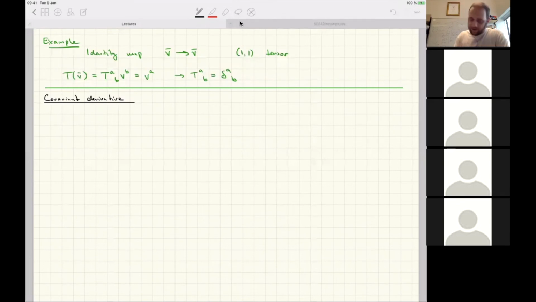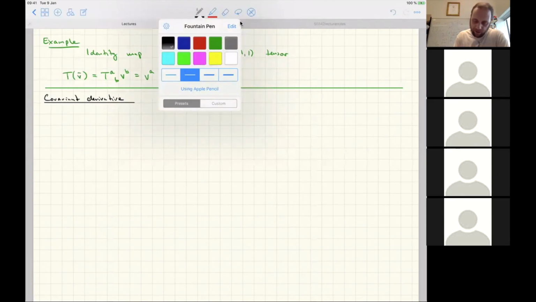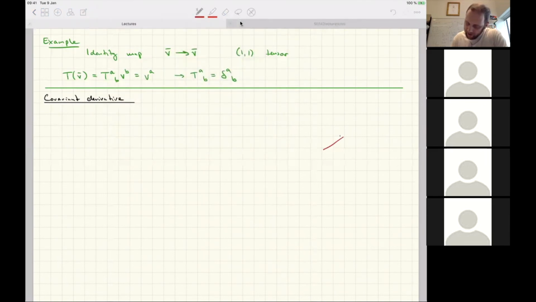So in essence, if I have, let's say, a vector basis at this point, and I have the same vector basis, but at a different point.